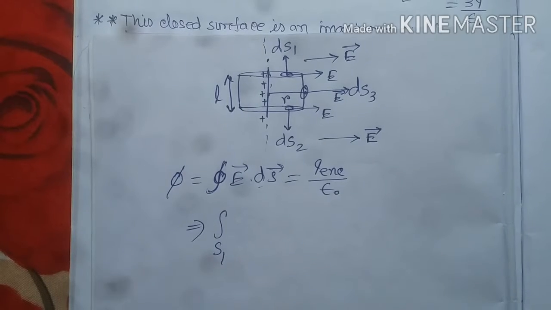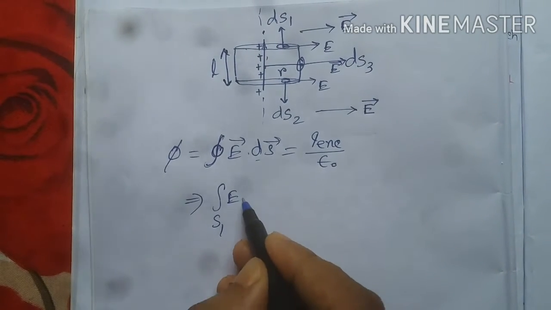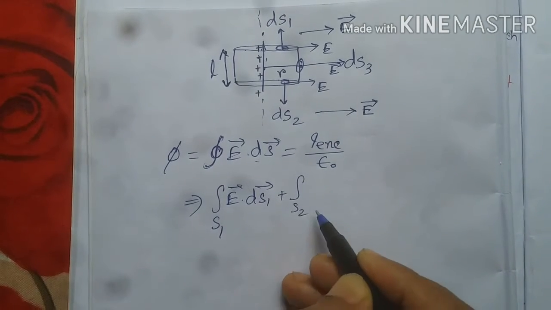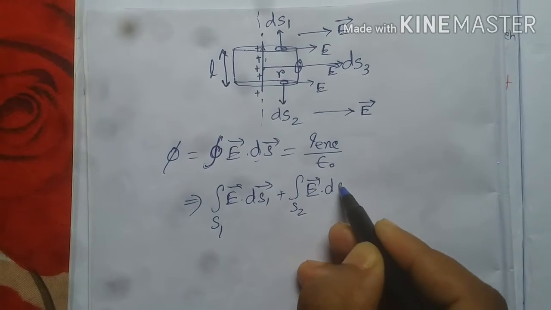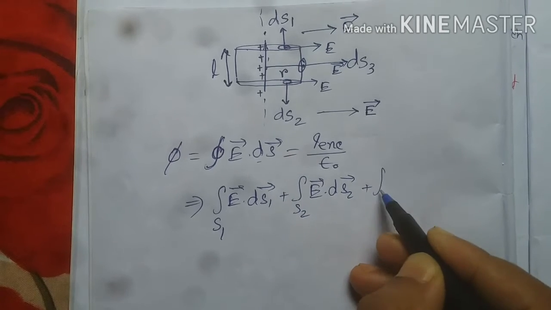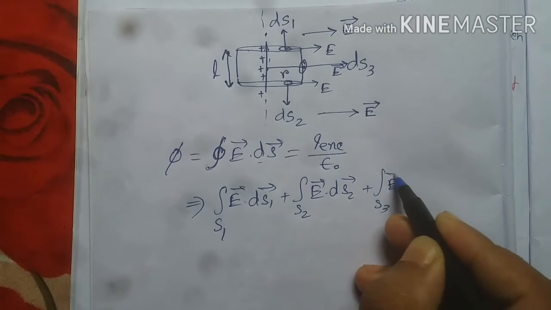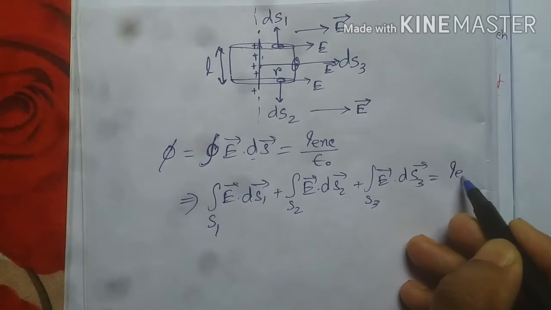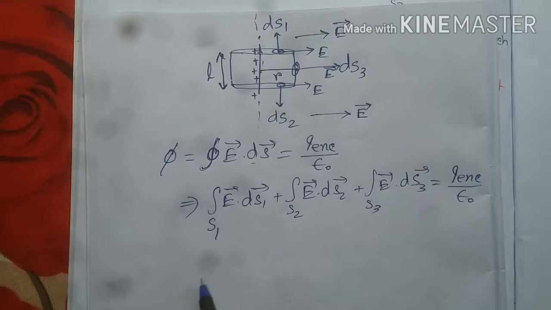First for the surface S1, E dot ds1, plus for the second surface E dot ds2, plus for the third surface E dot ds3, equals Q enclosed divided by epsilon naught.